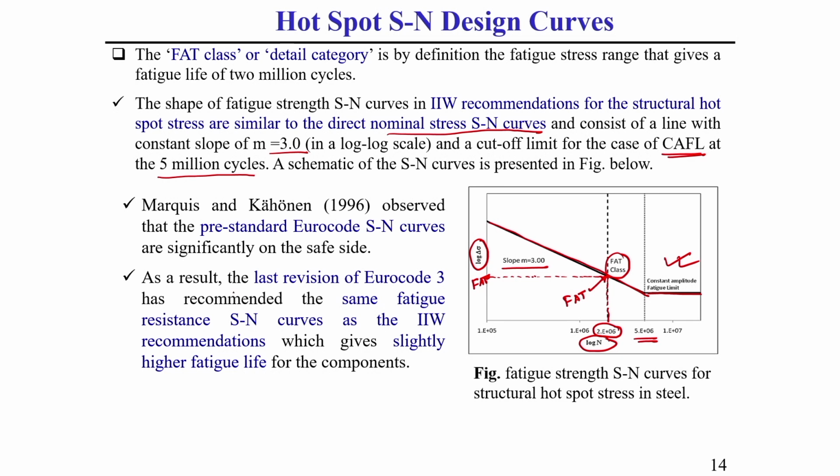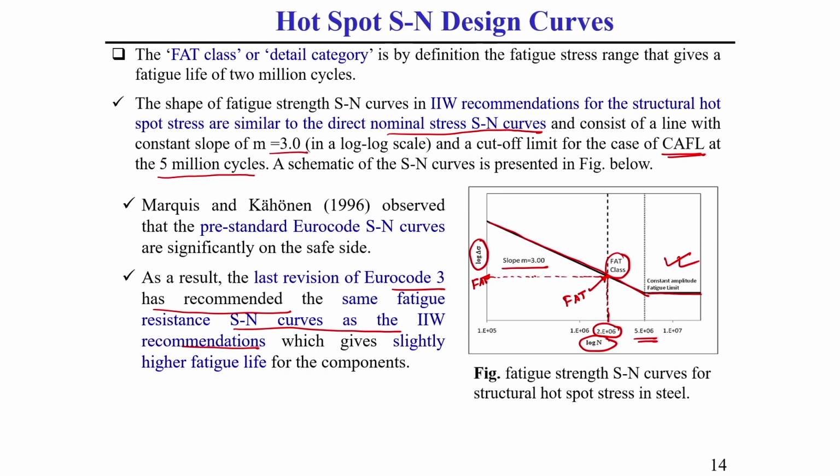That is why the last revision of Eurocode 3 has also recommended the same fatigue resistance SN curve as the IIW recommendation. What I am telling, understand? That means whatever curve the IIW recommends, Eurocode 3 also recommends more or less the same type of SN curve.